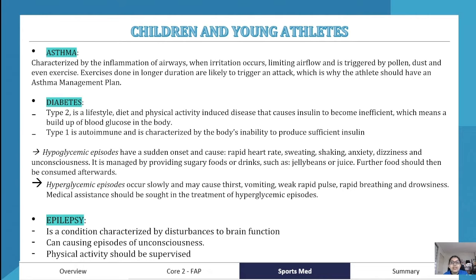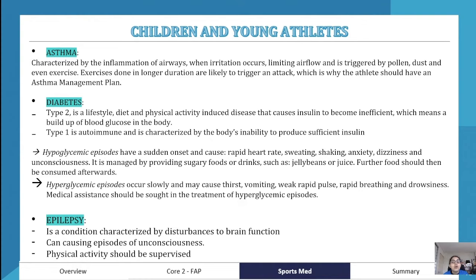Asthma is characterized by inflammation of the airways when irritation occurs, which limits airflow, and it is triggered by pollen, dust, and even exercise. High intensity exercise can trigger it. Exercise done for longer durations is likely to trigger an attack, and that is why an athlete needs to have an asthma management plan.